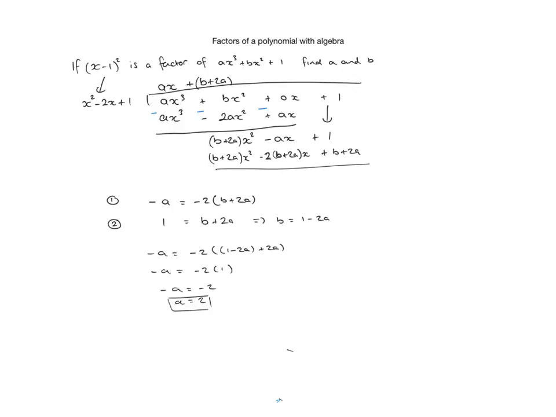In order to find b, we put a equal to 2 into this rearrangement, and we can easily find b. So b is equal to 1 minus 2a, that's 2 by 2, so b is equal to 1 minus 4, which is minus 3. So the two answers are a is equal to 2, and b is equal to negative 3.